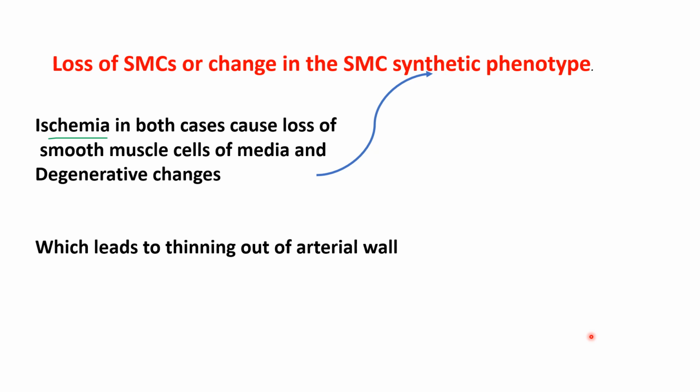So that will lead to loss of smooth muscle cells of the media as well as some degenerative changes. This finally leads to thinning out of the arterial wall, and that is the cause of aneurysm. I hope all these factors and how they cause aneurysm is understood. So we complete the pathogenesis of aneurysm.